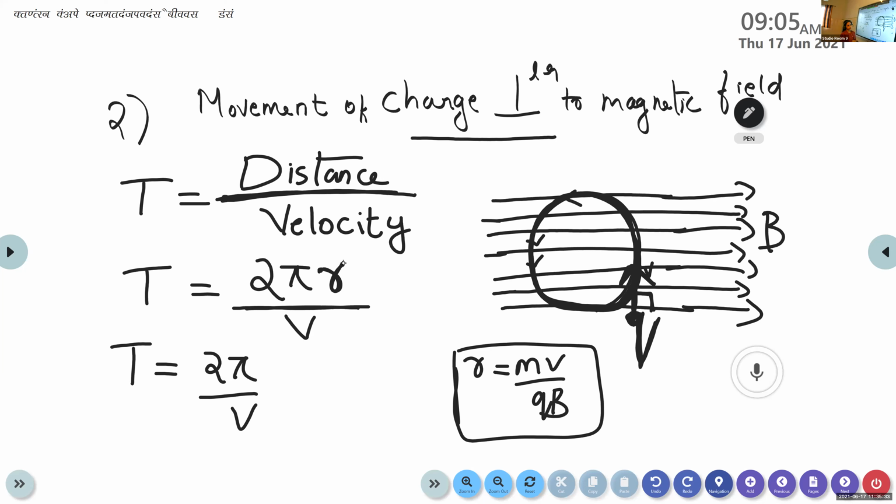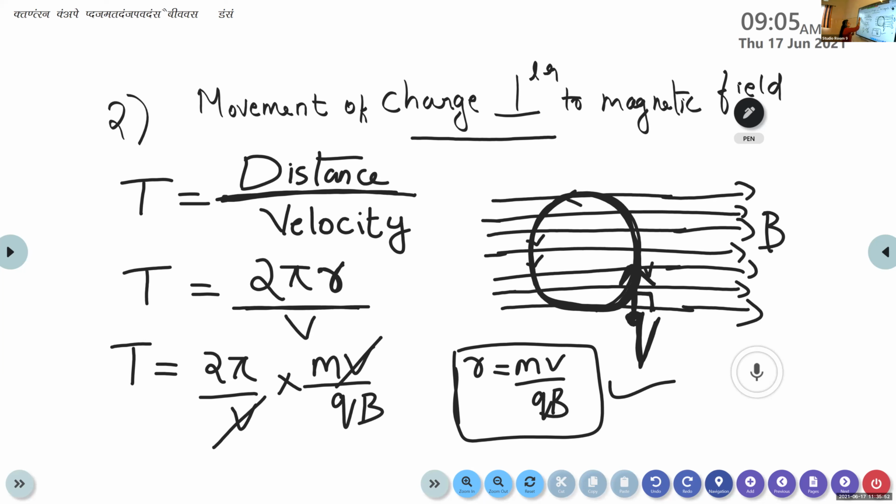2 pi by v into mv by qb. So this v and this v cancel.